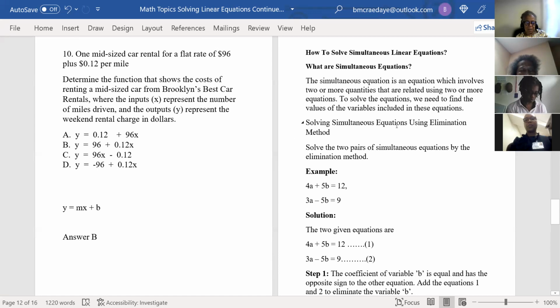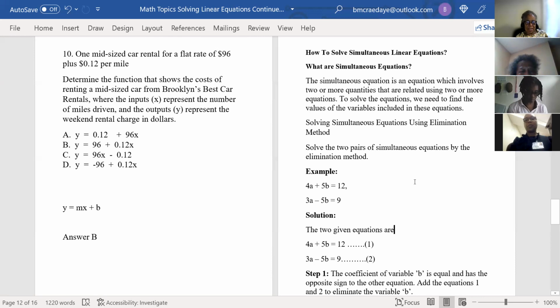We want to use our elimination method. Now, this one, remember I said sometimes you have the same expression in both equations, and you can just add the equations. Like here you have a plus 5b, you have a minus 5b.